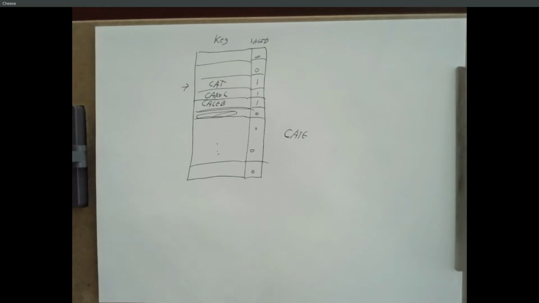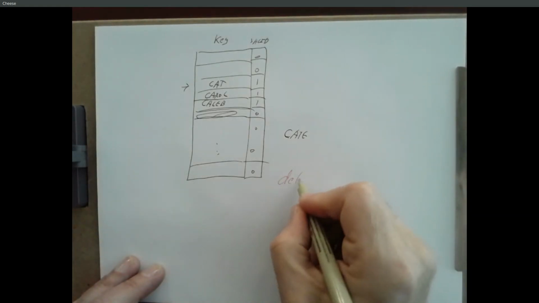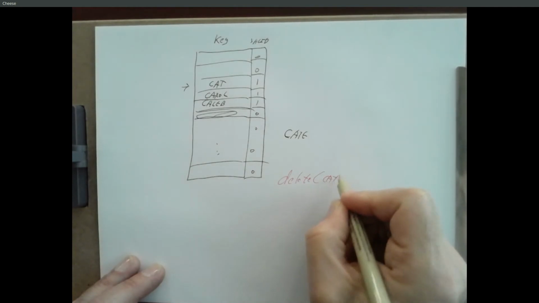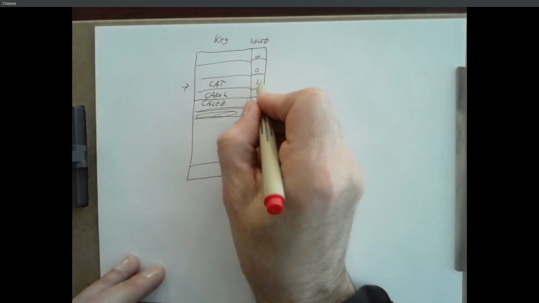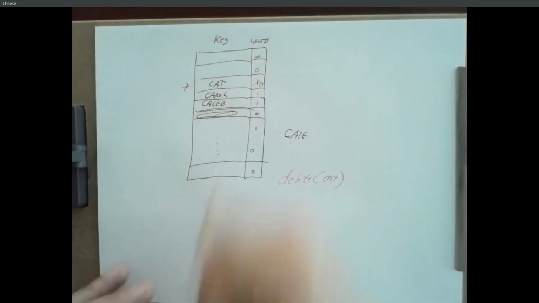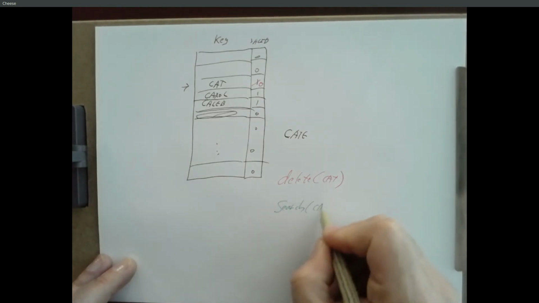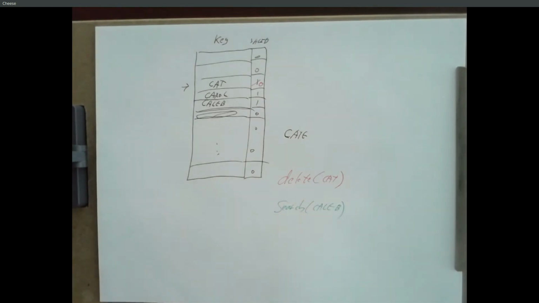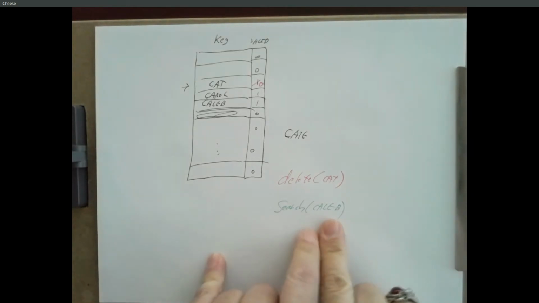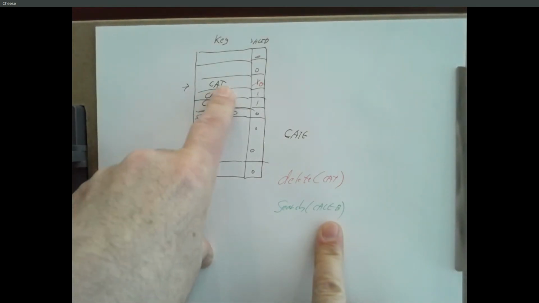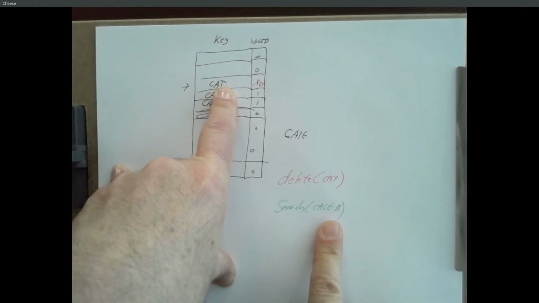All right, so now the trick is when we delete, let's say we delete cat. So we're going to set this valid flag to 0 to say there's no name in that location. But now if we search for Caleb, we hash Caleb, we get to location 3, we check, this spot is empty.